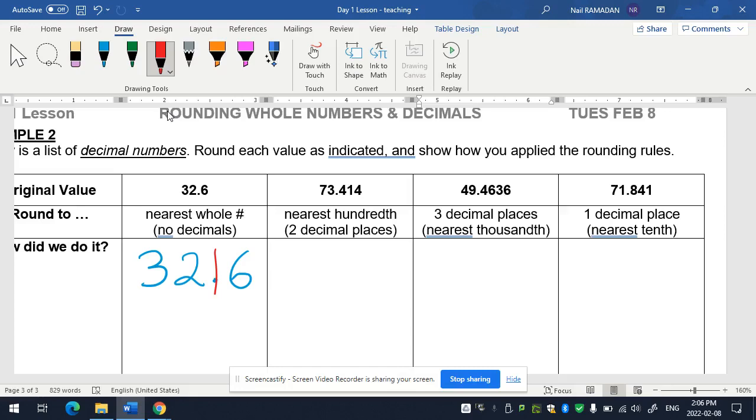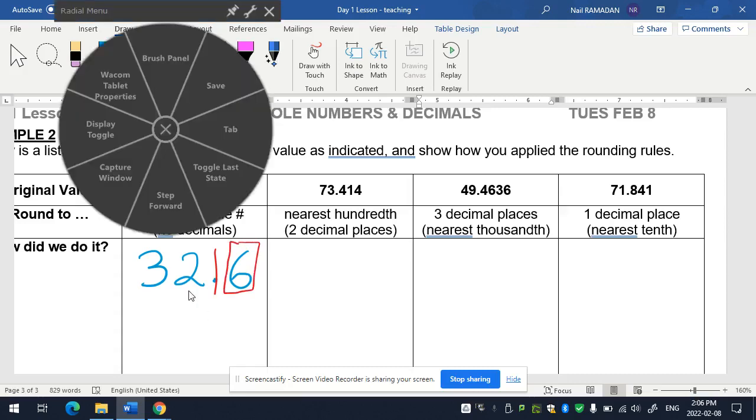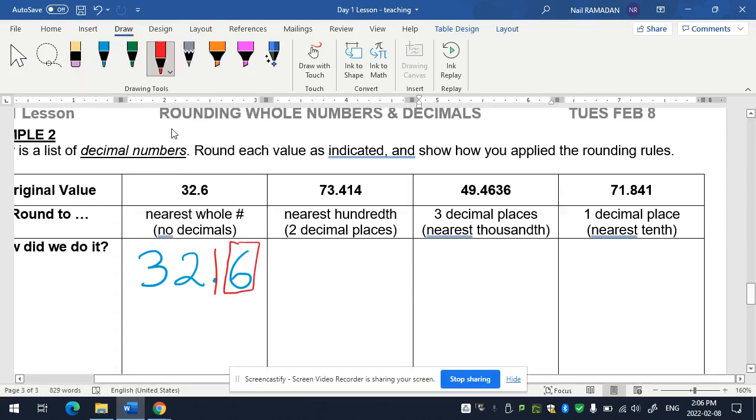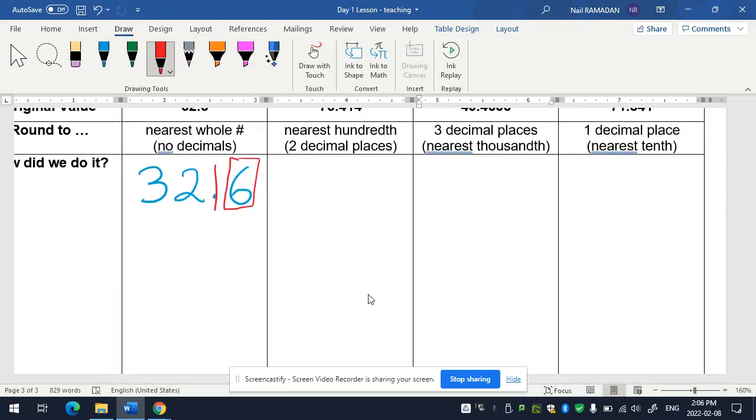So we're going to use this guy to bump this guy up. So the number becomes 33. Okay. What did we used to do in the second sheet? We used to write all the numbers after the line as zeros.